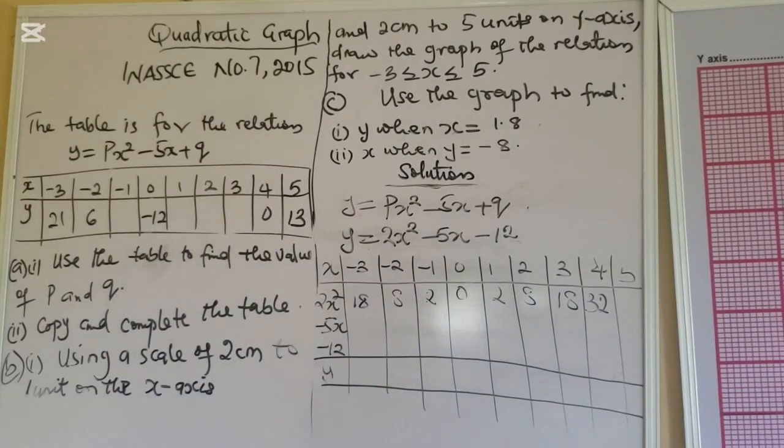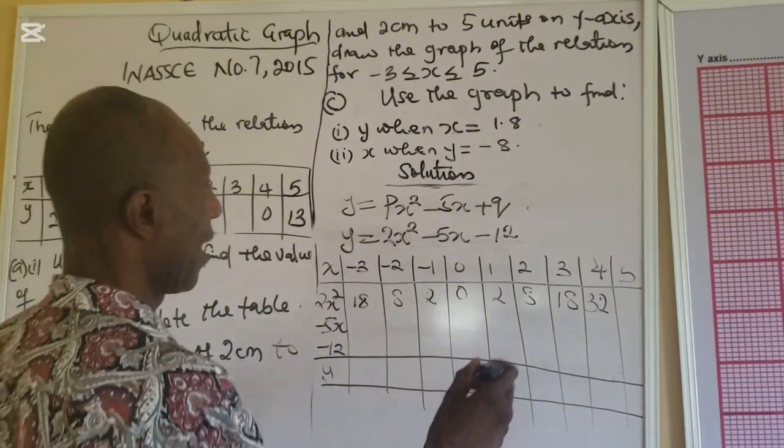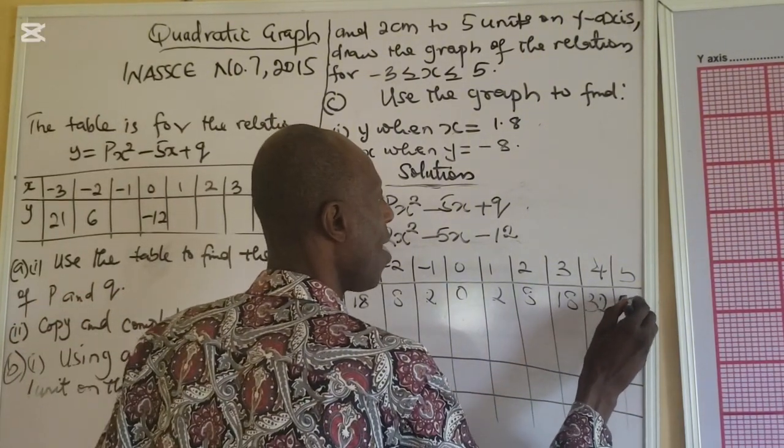Then what will the other one be? 5 squared is 25, times 2 is 50.